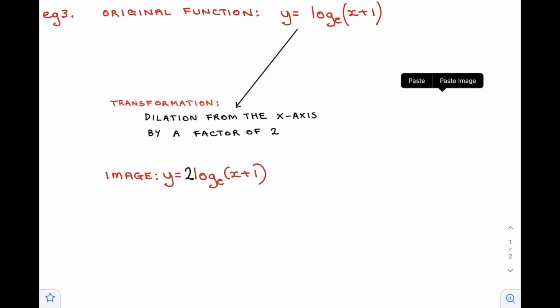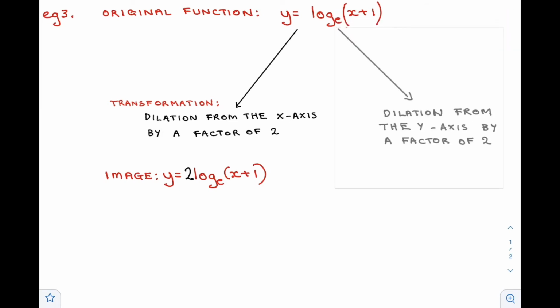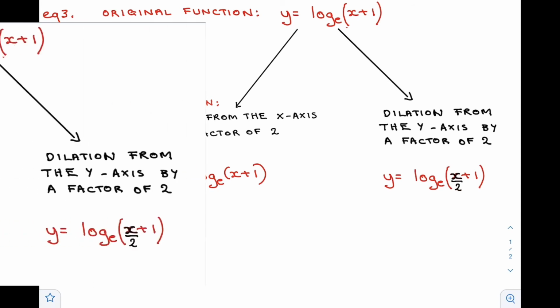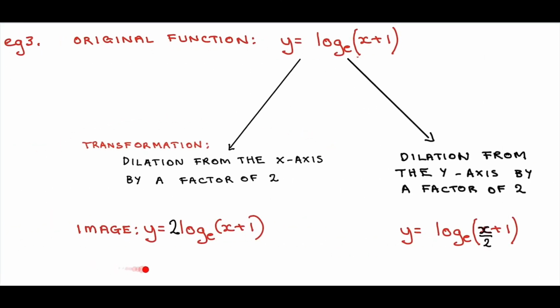However, if we apply a dilation from the y-axis by a factor of 2, the image function is a copy of the original function, with the x replaced by x over 2. Once again, we have an intuitive and a counterintuitive result. Pause the video now and see if you can explain this difference.